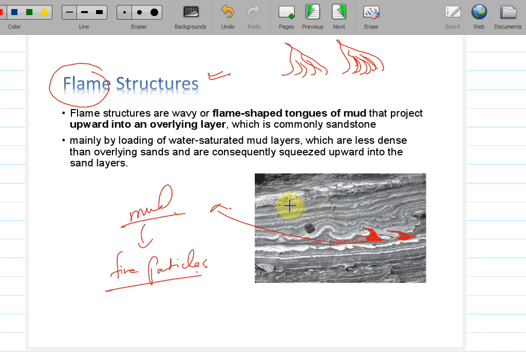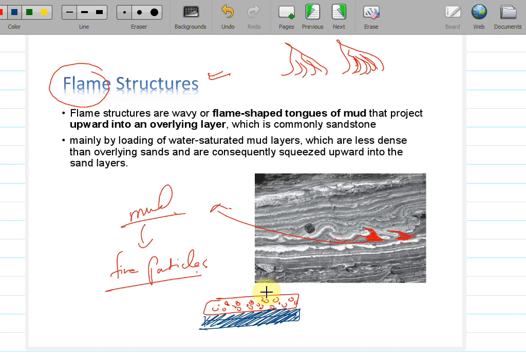So what happens is that if there is a sand layer, now sand you know is thicker than your clay or silt particles, or you could say mud, and then at the bottom is your mud, right.